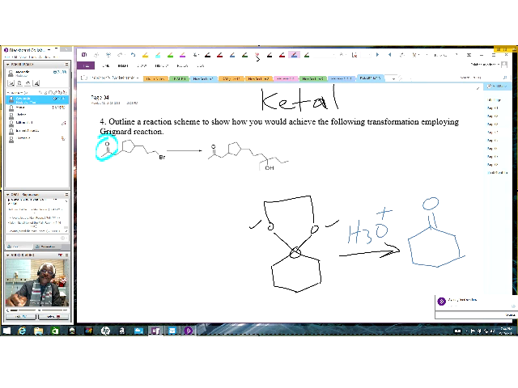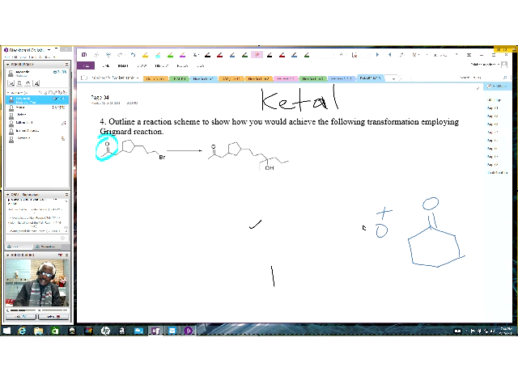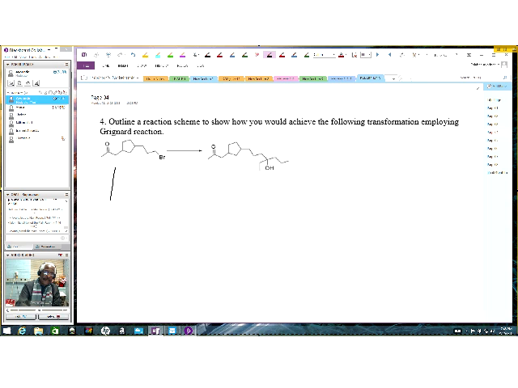So let us see what we are going to do here. You guys have already told us we need to form a ketal, so you need to know the reagent for forming your ketal. Let us start the synthetic scheme.